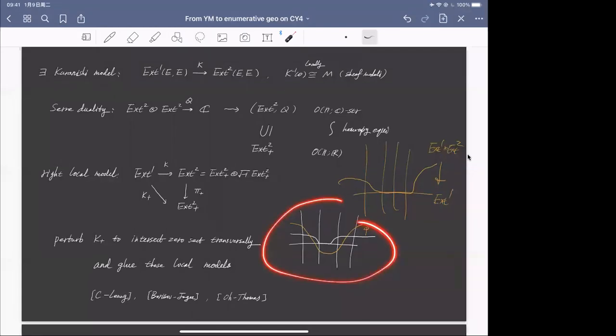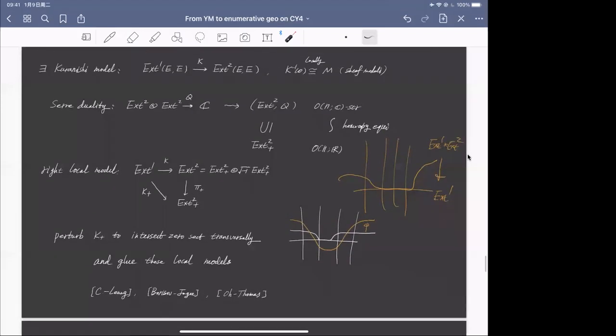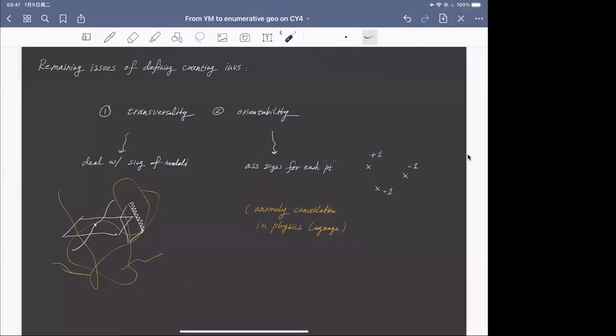We need to glue such local models, and then make some globally defined cycles in the moduli space to integrate. Okay, so this is a rough idea, but actually to make this work is rather technical. So this is some technology, the so-called virtual fundamental class.